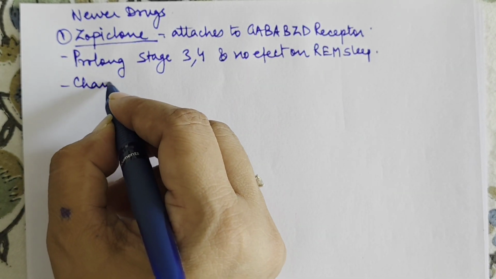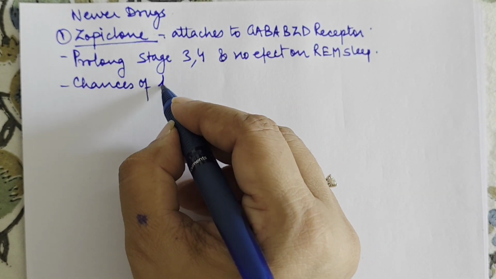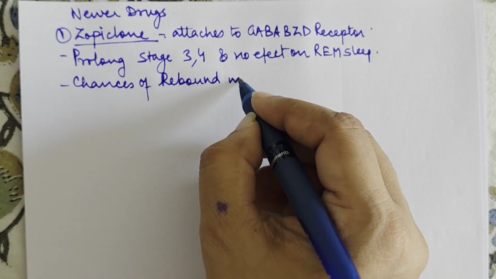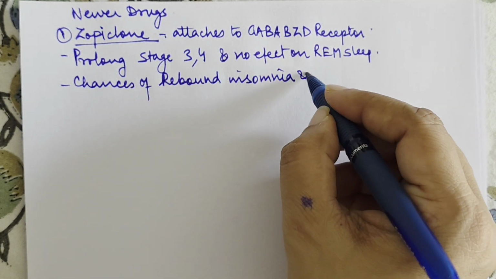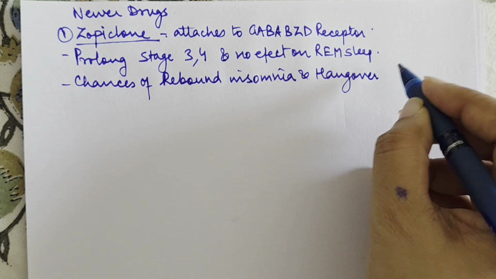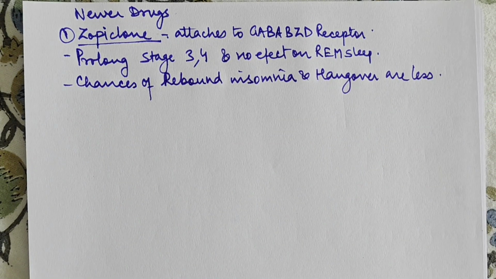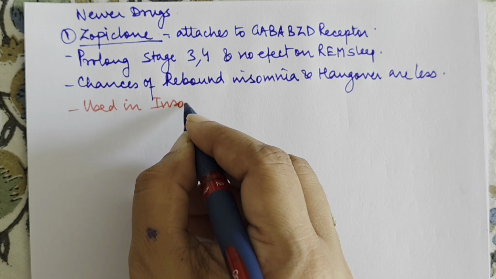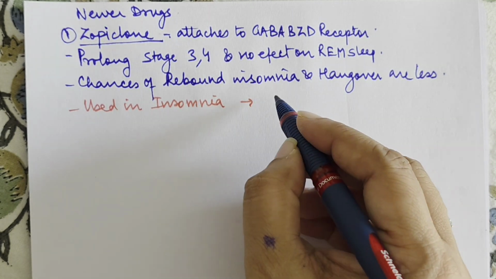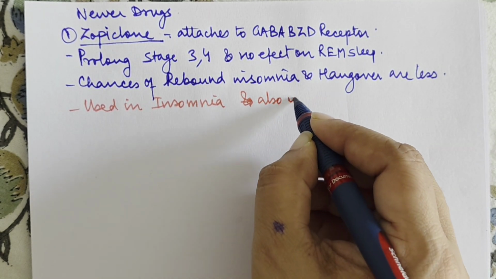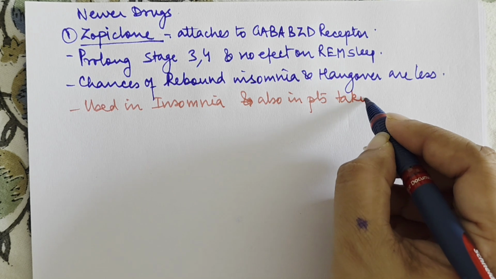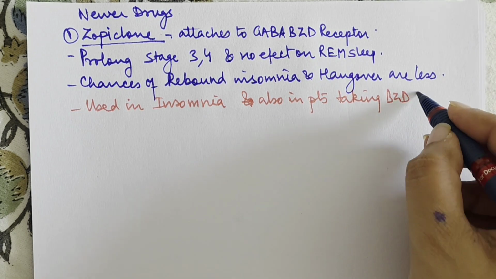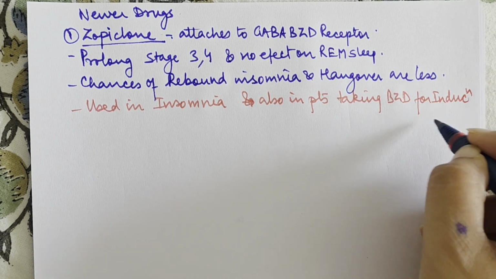Chances of rebound insomnia and hangover are less than with benzodiazepines and barbiturates. So this drug is used in insomnia, and also in patients who are taking benzodiazepines for inducing sleep.